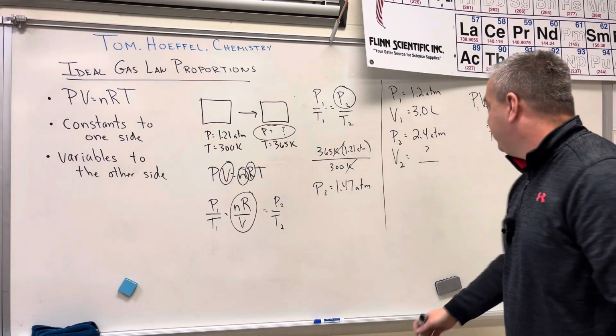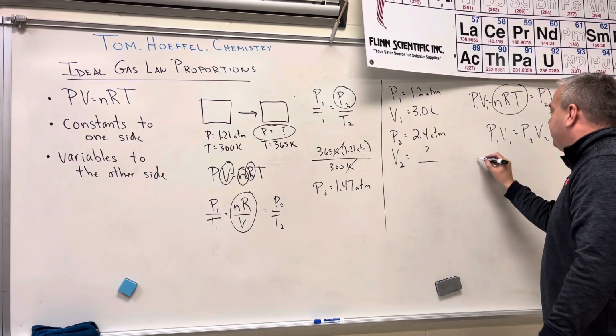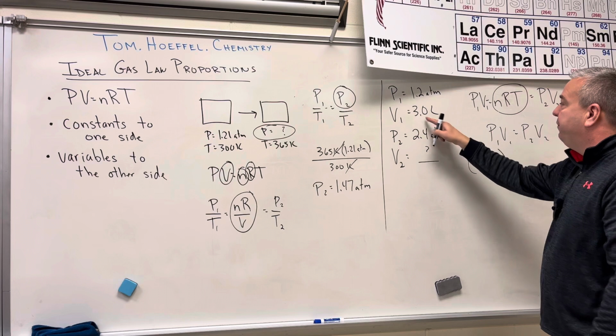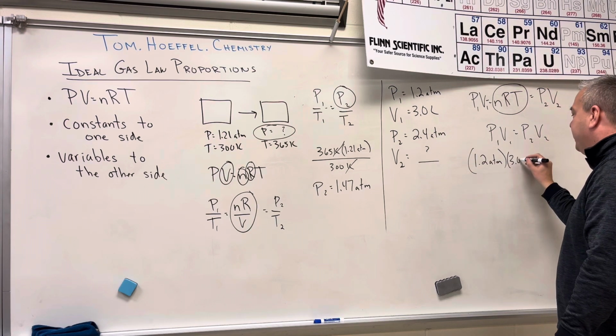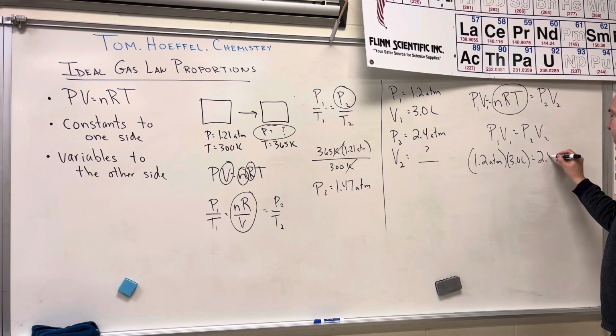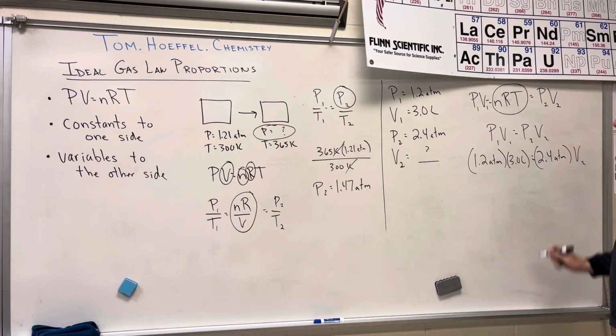So let's finish this problem. P1 is 1.2 atm. V1 is 3.0 liters. P2 is 2.4 atm, and we're trying to solve for V2.